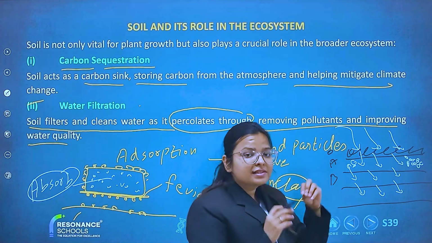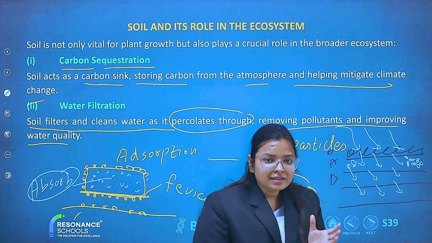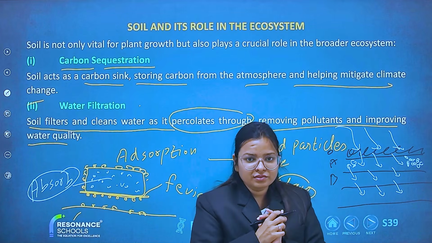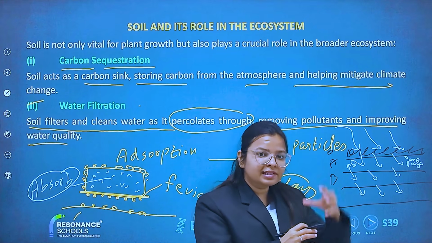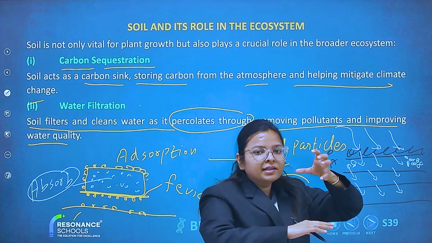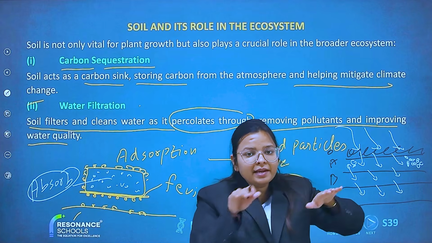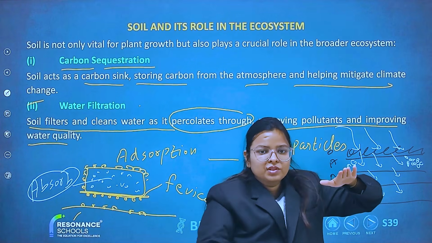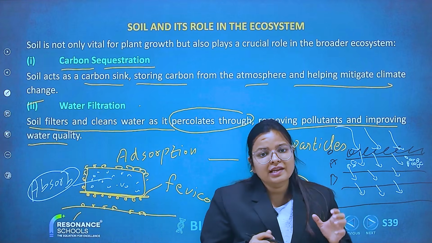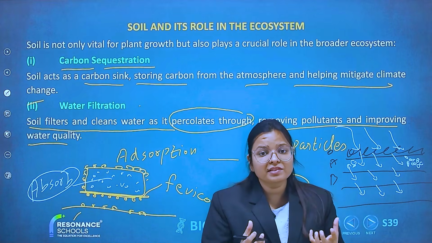Clay particles, sand particles, silt particles, they all are mixed. It is not like only a clay particles layer is there, or only a sand particles layer is there. So you are thinking like a clay particles layer is there and water cannot go through it. Please don't think of it like that. Clay particles are scattered, they are mixed.